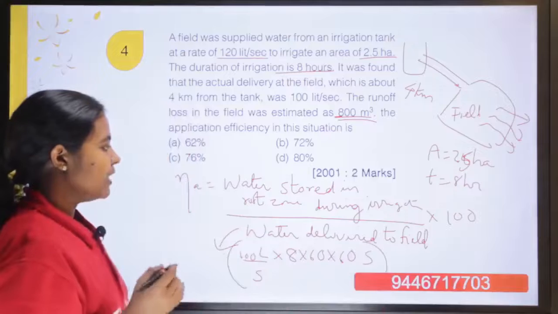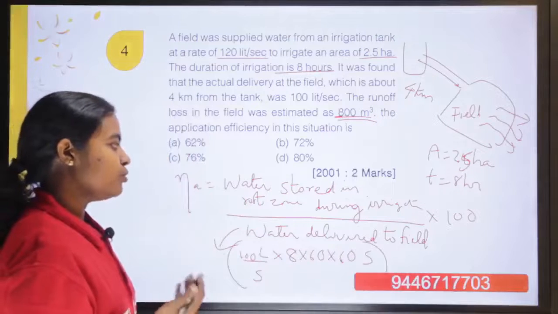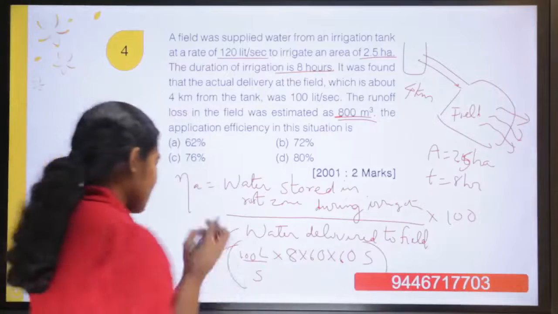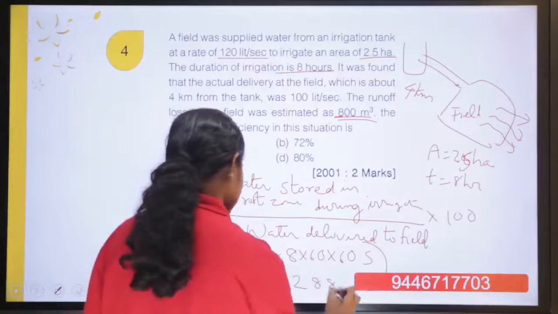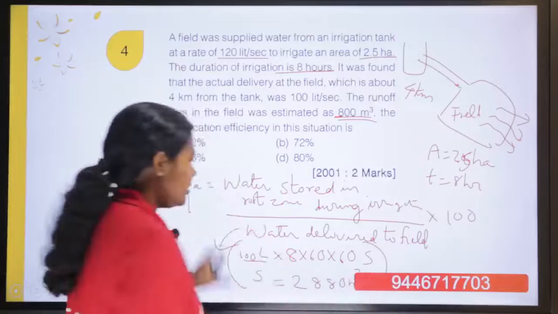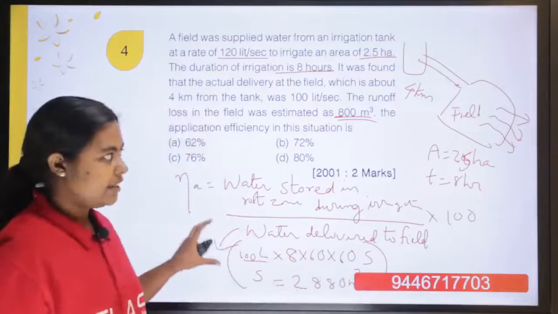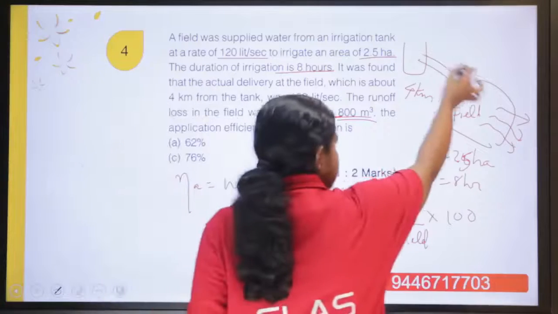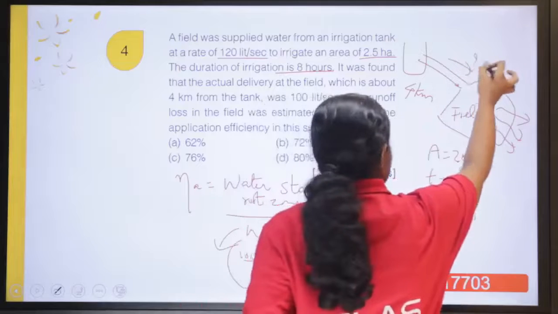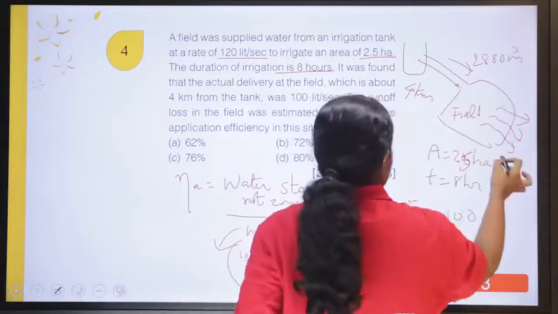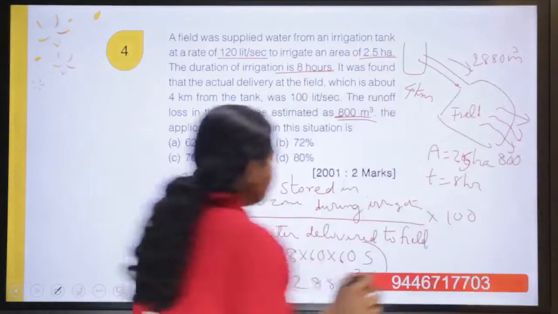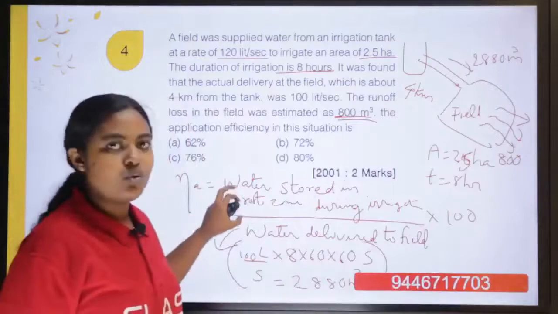Okay, and what is the water stored in the root zone during irrigation? By solving this, you will get 2880 meter cube. So this much water is getting delivered into the field. From this tank, water coming is 2880 meter cube, and there is some runoff loss of 800 meter cube. So what is the water stored in the root zone?